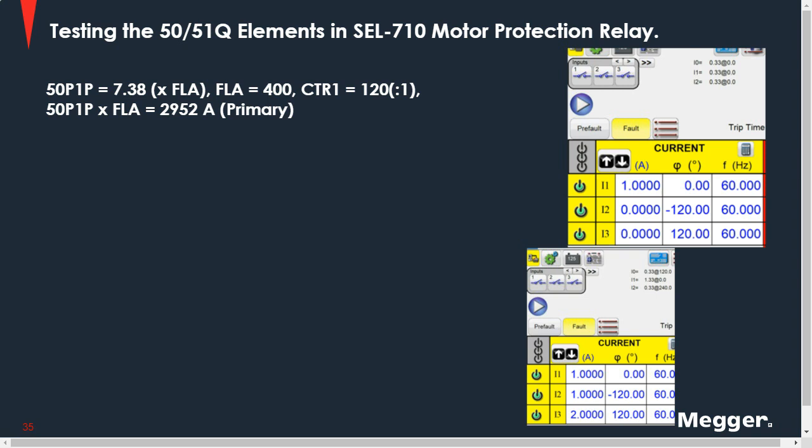So 7.38 times the full load amps, with our full load amps being 400 amps. Now when we looked at our CT ratios, we saw that was 120 to 1. So when we calculate this out, we see that it's looking at 2,952 amps, almost 3,000 amps primary.